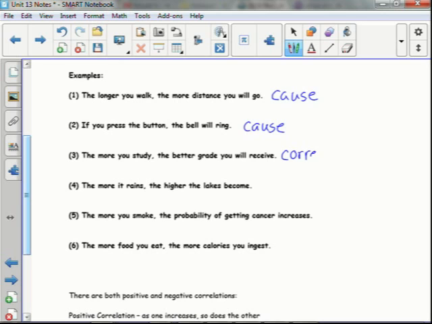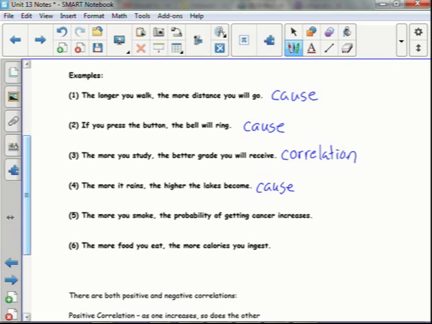Now that is a correlation. It doesn't cause you to get a better grade per se, but there tends to be a correlation between those two things. The more it rains, the higher the lake becomes. Well, rain is going to cause the lake to rise.